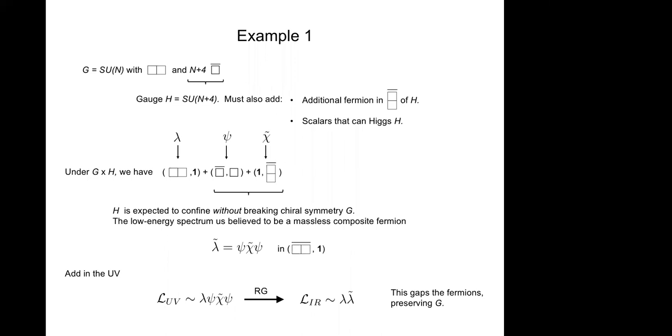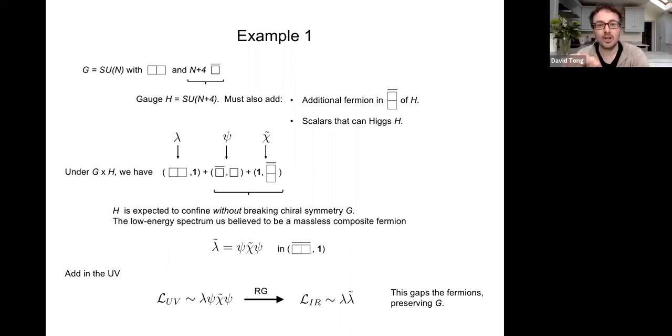And you have some top color group or technicolor group that's confined at a high scale, giving you this. So I think this part is a well-known story. You know, this particular theory has been used in many, many places, and since I've been giving talks, I've learned about many others.